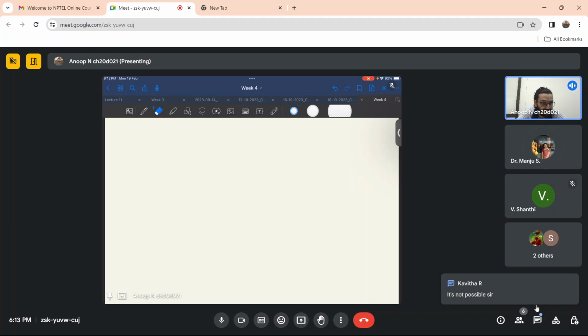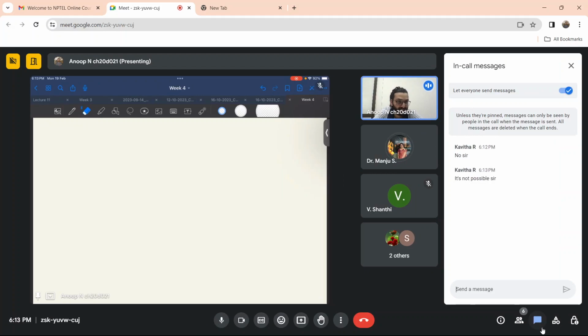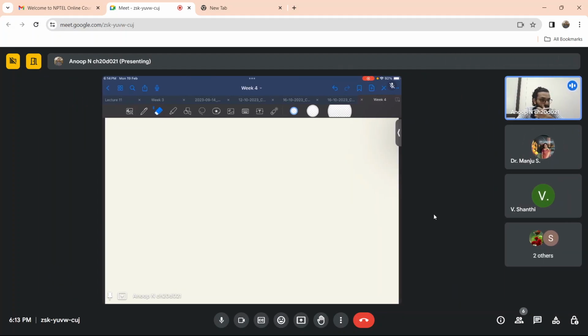Kavita is saying you are not allowed to use other calculators in the exam. Is that so? Okay, just make it clear. Anyway, I am also logged in on the registration form. So let me check the calculator and I'll come back to it next week, whether the log scale is there or not. Right now I am using my normal calculator for calculations.